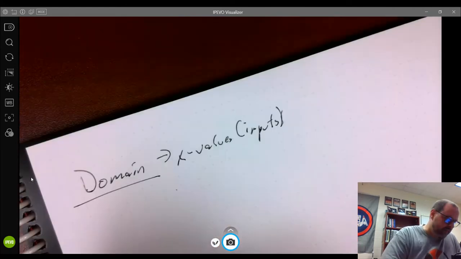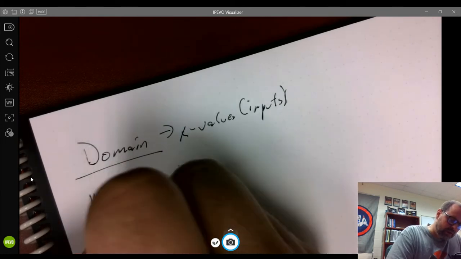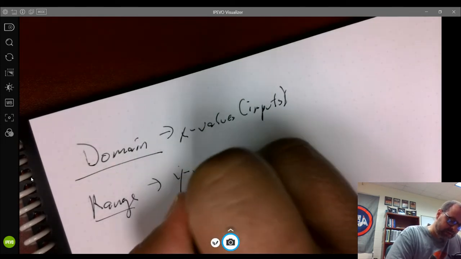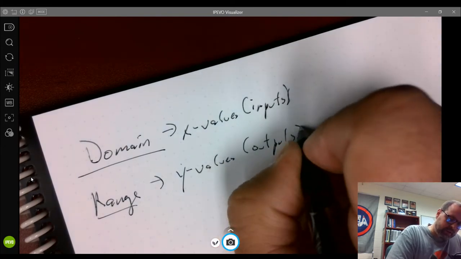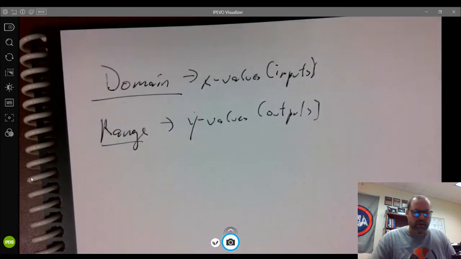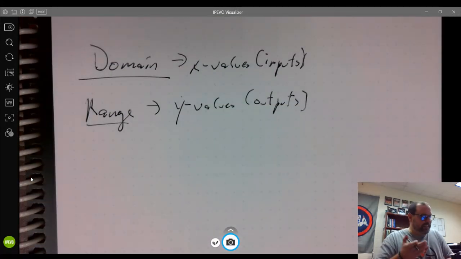Now, the range, as it says in your book, is all the Y values, or your outputs. Whatever the Y values are, or the second in the ordered pair, the second column on the right, however you want to look at that, that's your domain for the X, range for the Y.